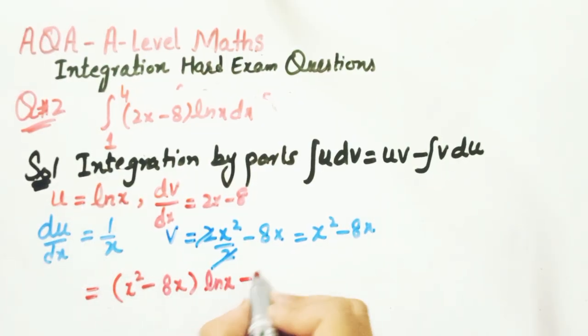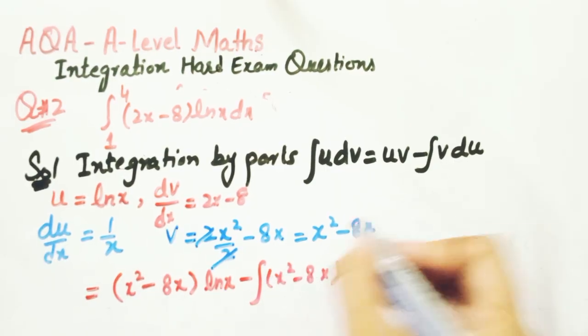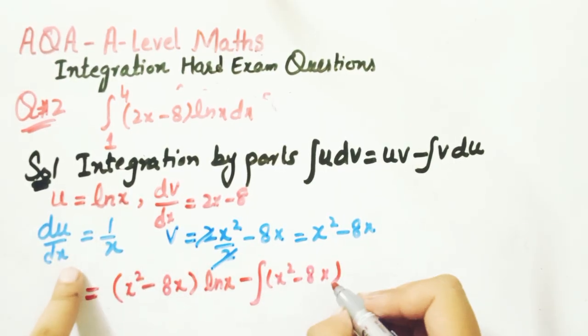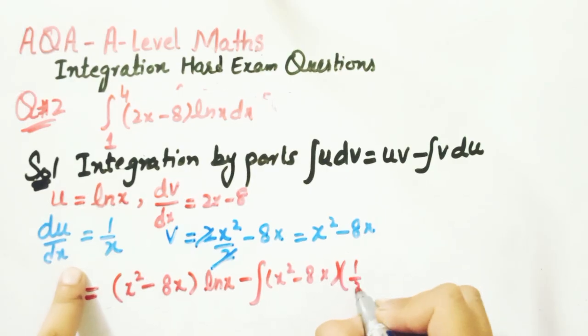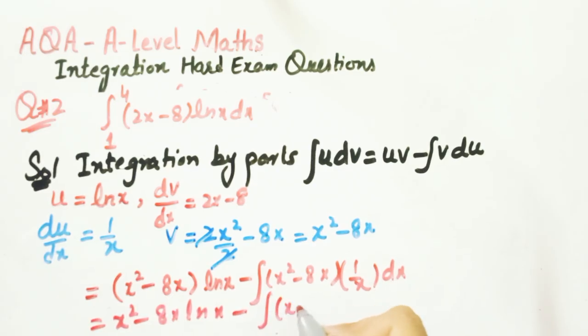Then minus the integral, value of v is x squared minus 8x, and du is 1 by x dx. Now this will become x squared minus 8x times ln x, and here we will take x as common, so this will become x minus 8 dx.